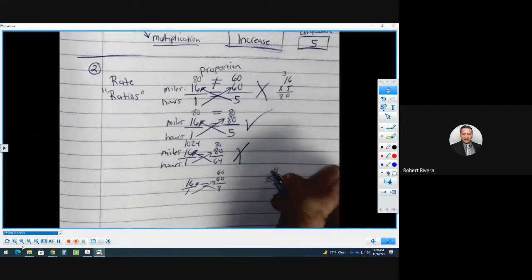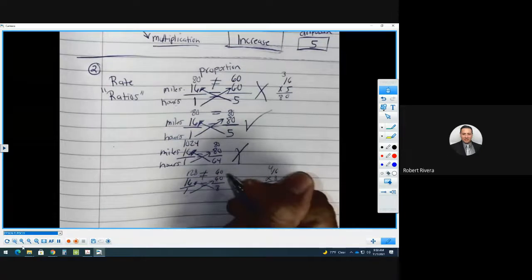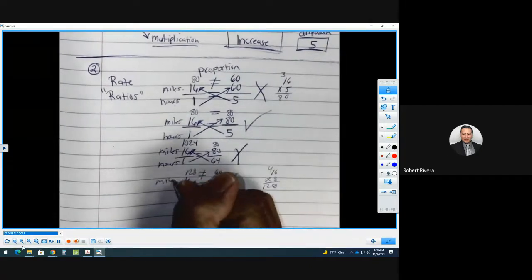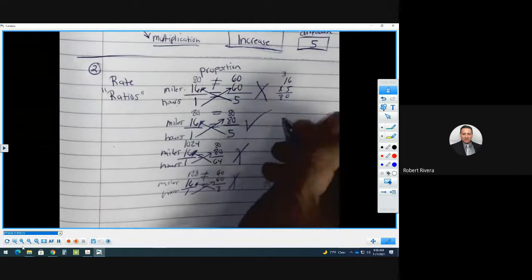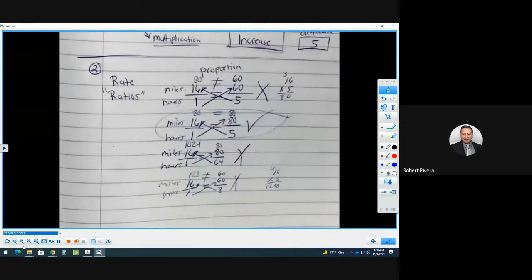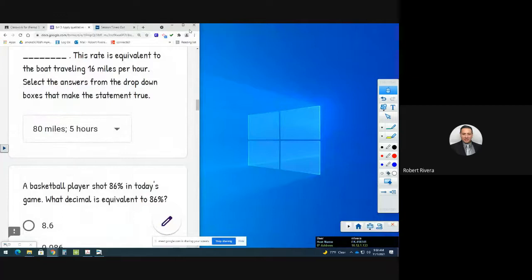That would be 48. 128. Did they match? No. So what's the answer? 80 to 5, which is the second one. So I can go to my drop down boxes and choose 80 to 5.